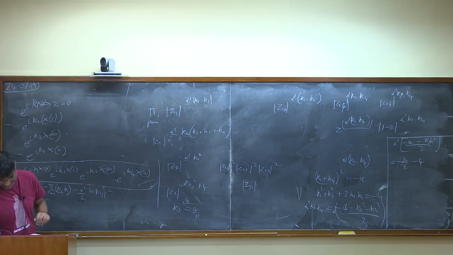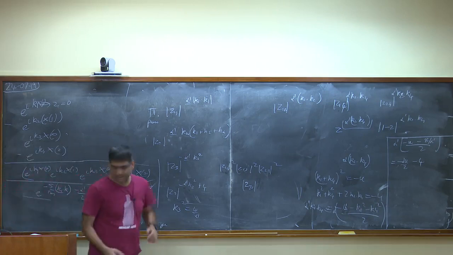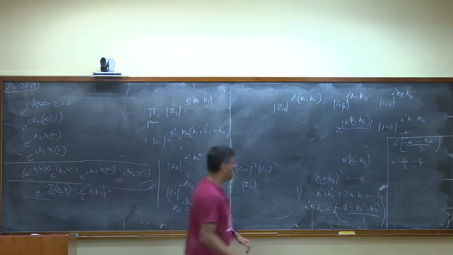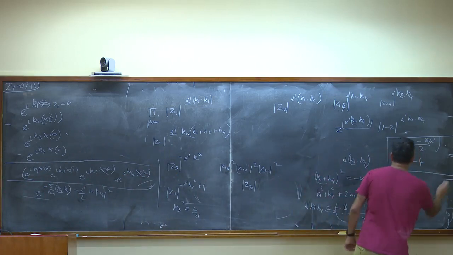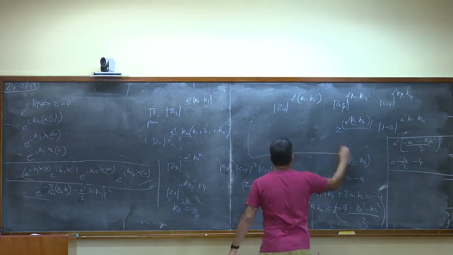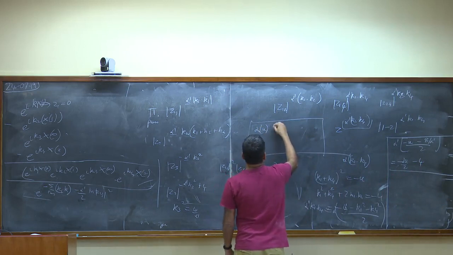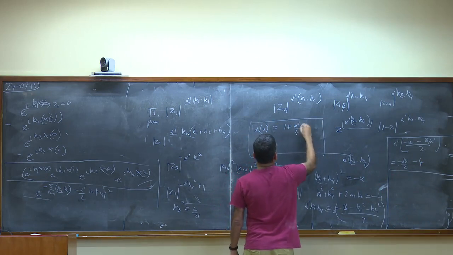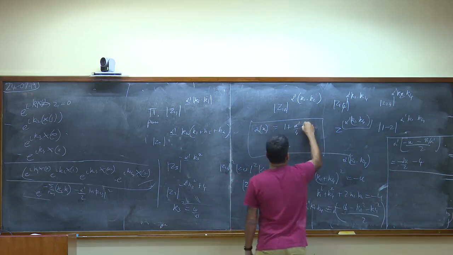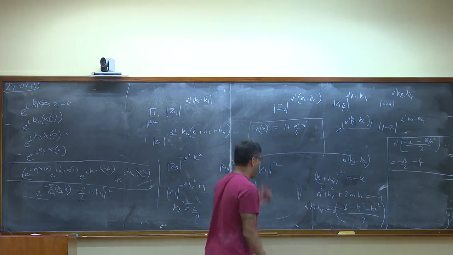And now Polchinski's definitions. Okay, so now we will write this in terms of his. Can somebody remind me what those alphas were? Alpha of u was equal to 1 plus alpha prime by 4 u.